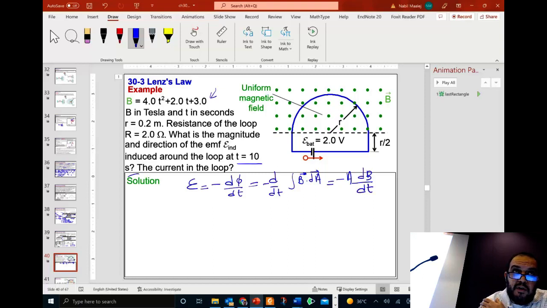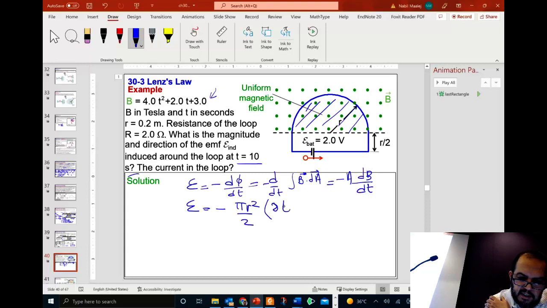Except you have to be careful. The area here is half of a circle. It's not a full circle. So we can write the induced EMF is minus pi r squared divided by 2, because it's this area here, times the derivative of B. So let's take the derivative of 4t squared, that's 8t, plus 2, and that's it.